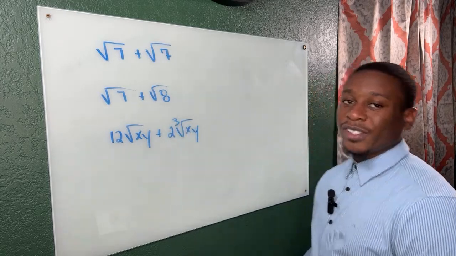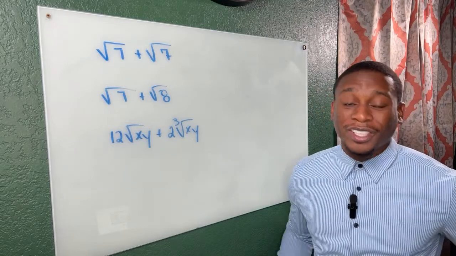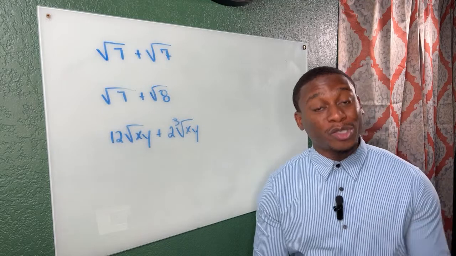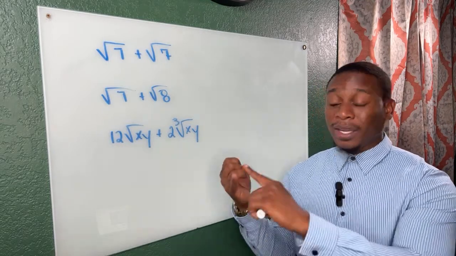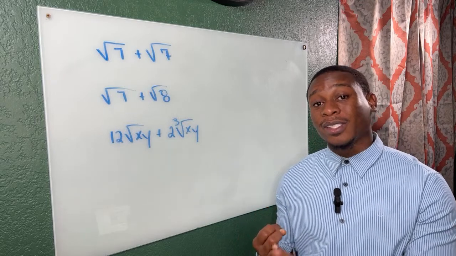All right, so there's three instances. So rule number one, and I need you guys to make sure you listen clearly because I'm here to make this easy. Number one, for us to add radicals, there's two of the most important things. They have to have the same number under the radical, and they have to have the same index slash root.